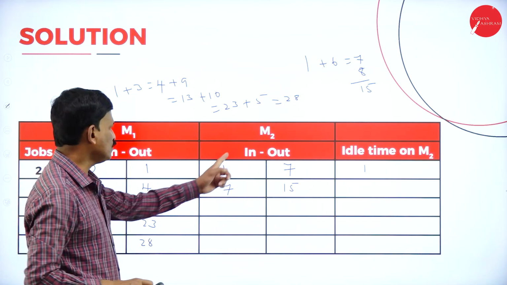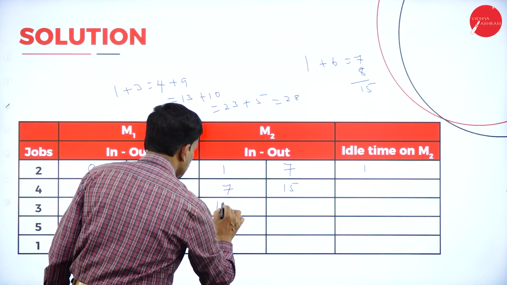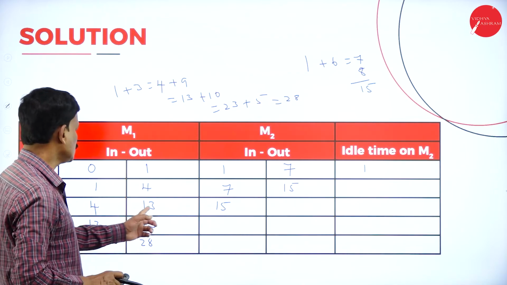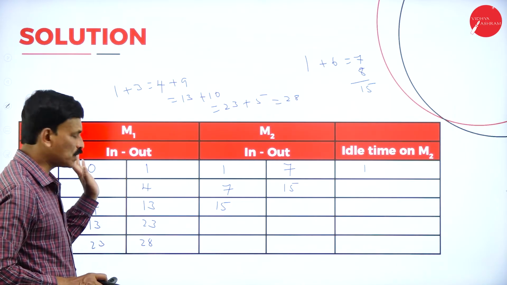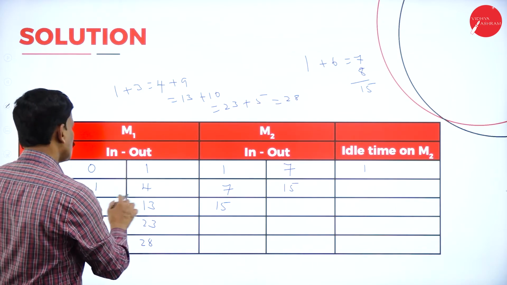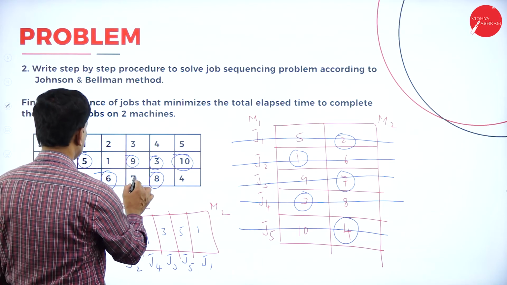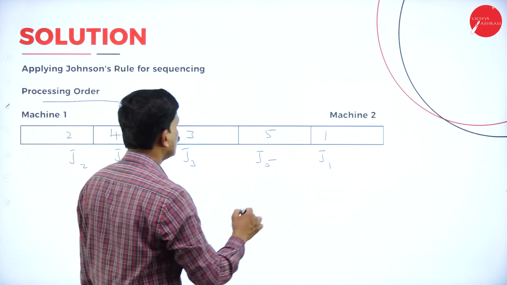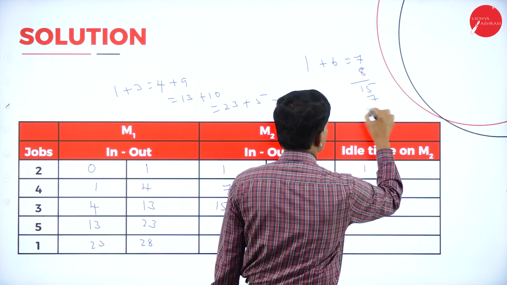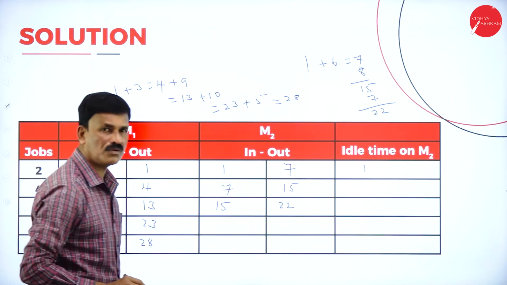So, again for the machine M2 corresponding to J3, the in time will be 15 hours. So, this 15 is greater than 13, no problem. So, there is no need to wait. Okay. Then, the out time corresponding to J3 will be how much? 7 hours. So, you can add 7 for this. 7 plus 15 is 22. So, the out time will be 22 hours.